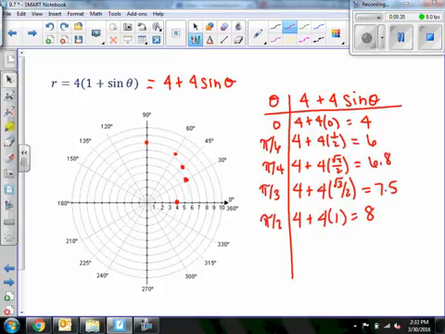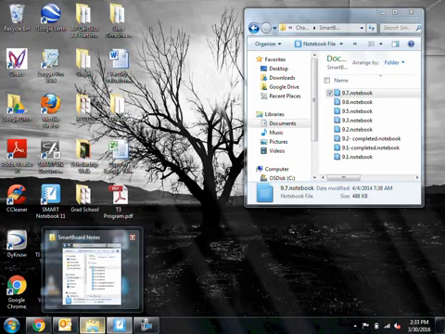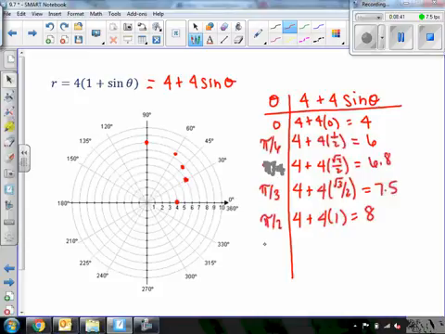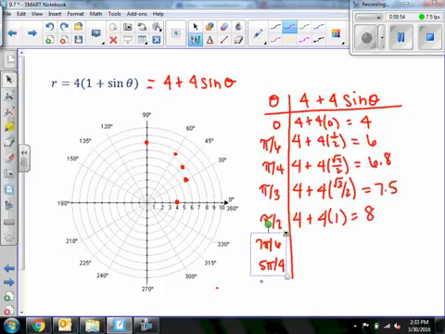I'm not going to jump down to quadrant 3. So if I plug in quadrant 3 here, 7π/6, 5π/4, 4π/3, and 3π/2.